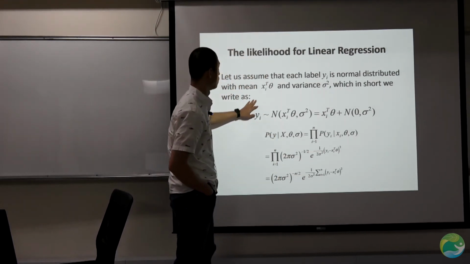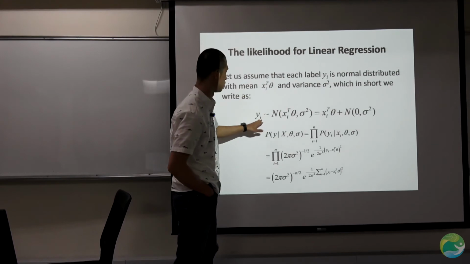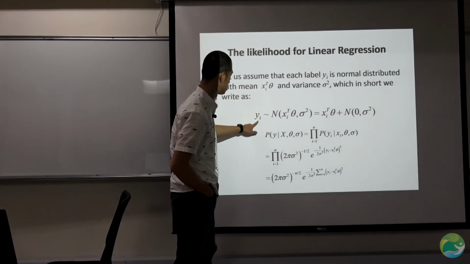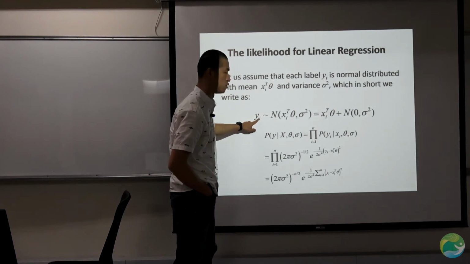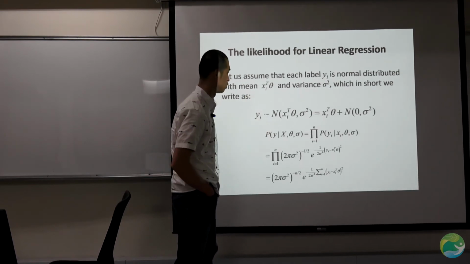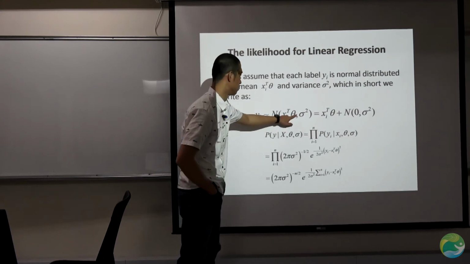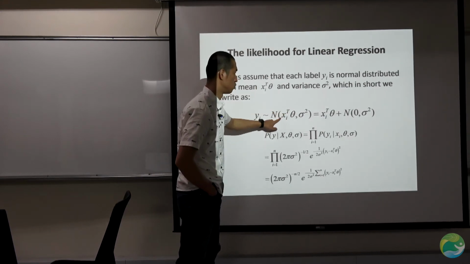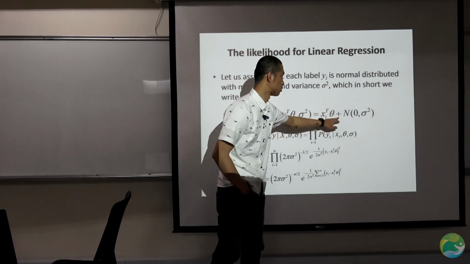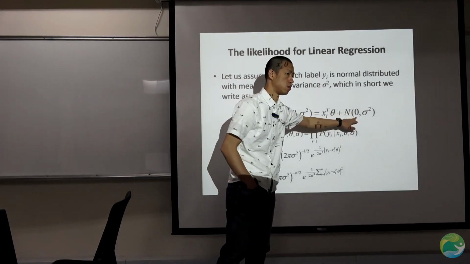In this case, for the linear regression, we specifically assume each observation follows a normal distribution. So this is the mean value, right? So here is the mean value plus what? Error term.